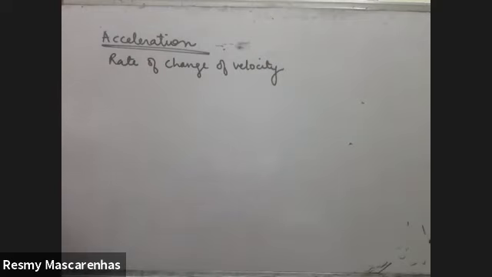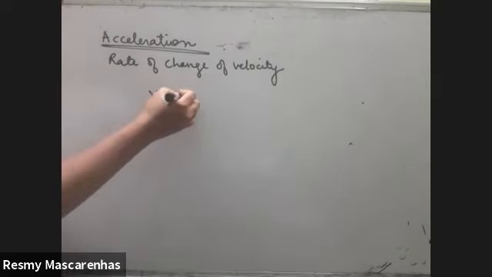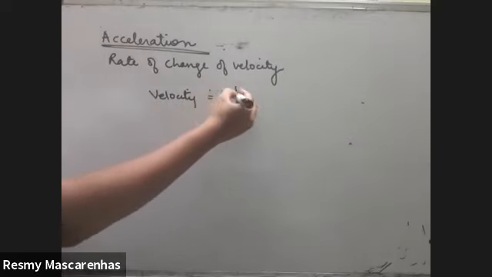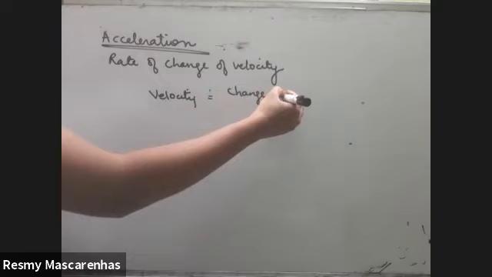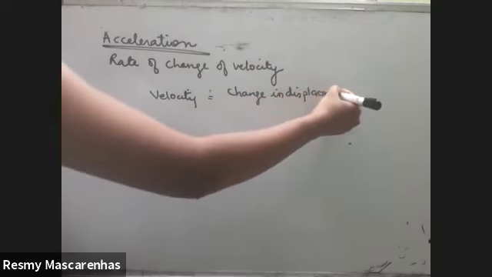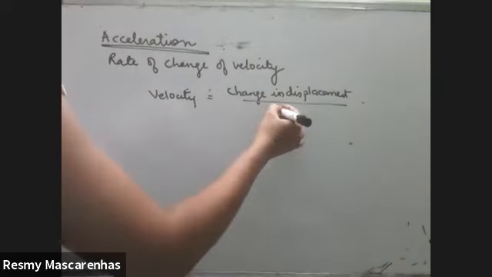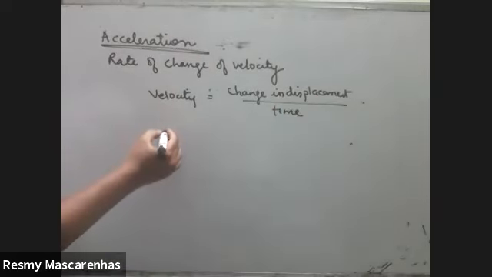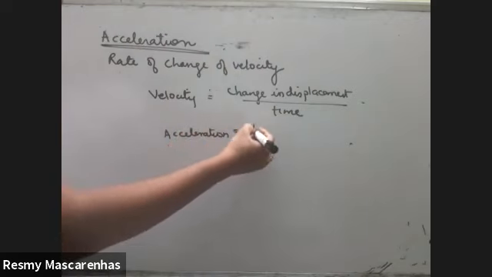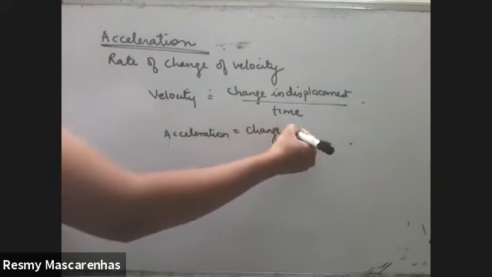So how we have velocity? Nothing but change in displacement per unit time. Same way, what will be acceleration? It is nothing but change in velocity.